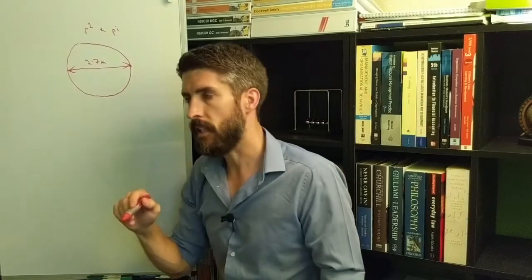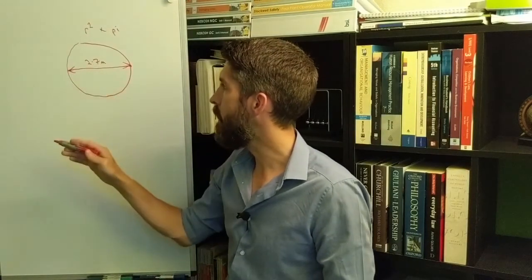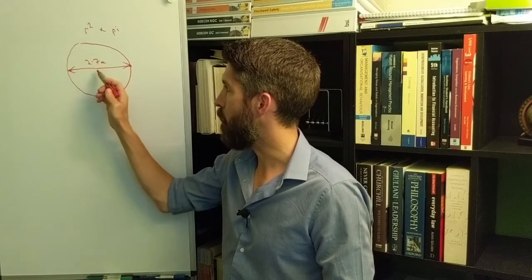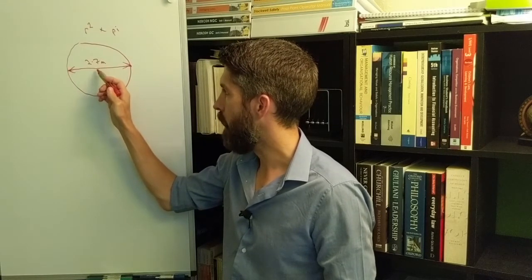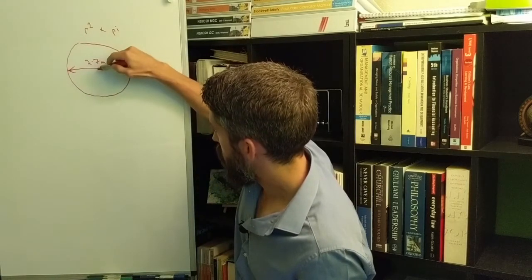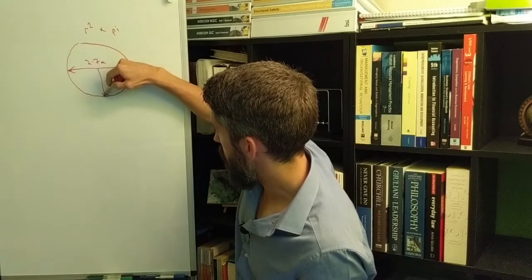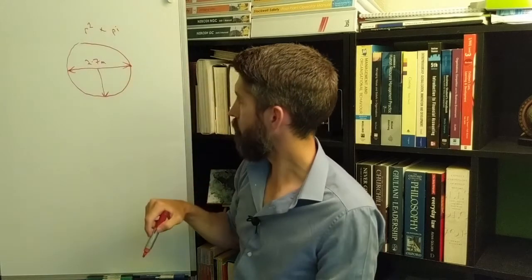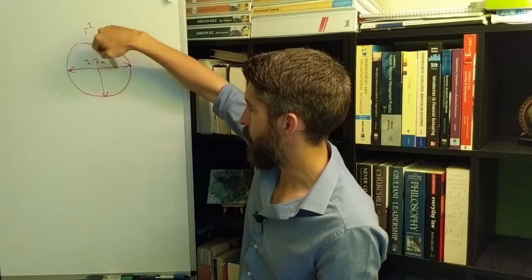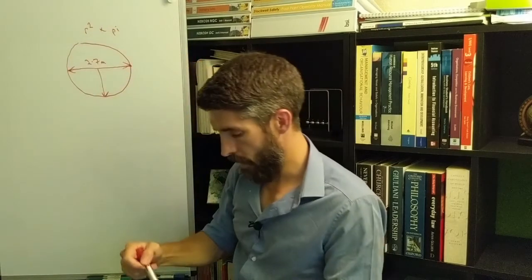Right, so let's break this down. The radius squared: the radius is basically half the diameter. The radius is from the center point out to the edge of the filter. So the horizontal line is the diameter, and the vertical line would be the radius.